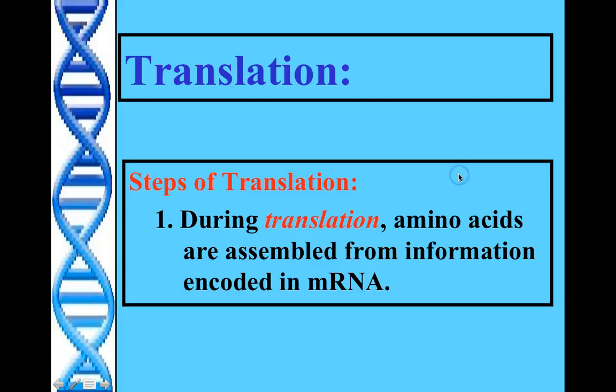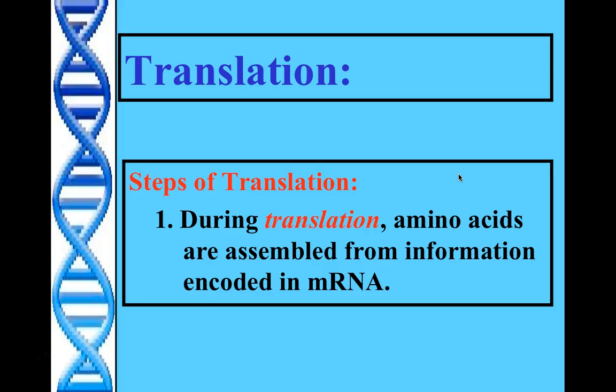So now let's start talking about translation. And essentially what we were just practicing by using the codon wheel and the codon chart, that essentially is translation. But let's talk about what's actually happening in the ribosome. The first step of translation is we need to take that mRNA, the one that we coded from transcription, where we took the language of DNA and turned that into the language of RNA.